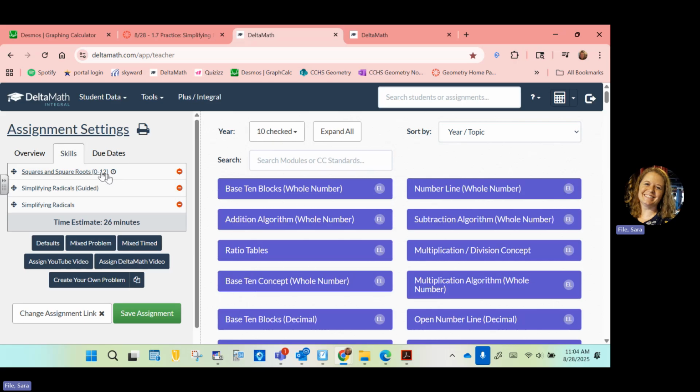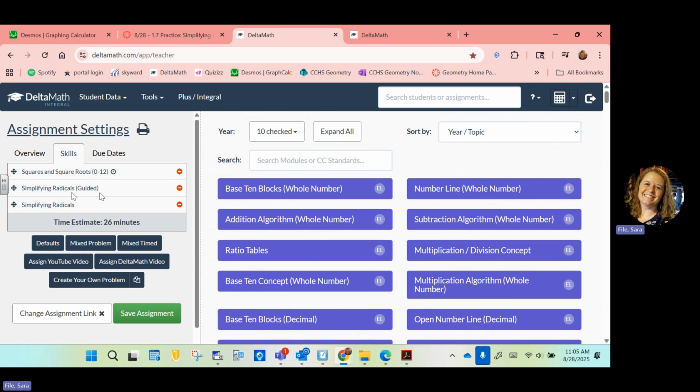This is just practicing your perfect squares and square roots, and you keep going till you can get the correct number in the set time, okay? Now, for these simplifying radicals, the last one, you can do your factor tree however you want, because you're not having to show work, you're just giving the simplified radical answer at the end, okay?